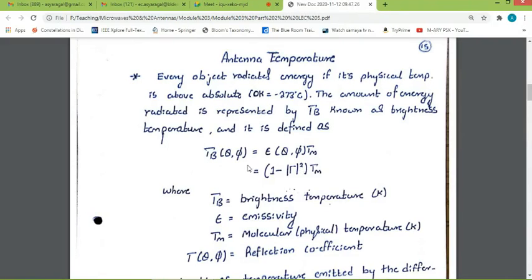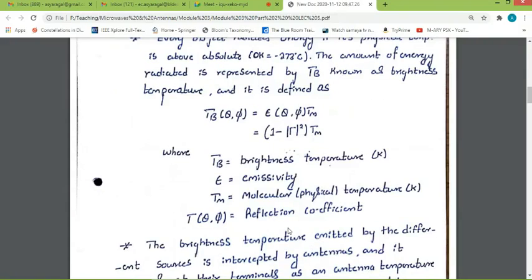It is also defined as T_B(theta, phi) = epsilon(theta, phi) Tm, where the emissivity could also be written as 1 minus the reflection coefficient squared, into Tm. Tb stands for brightness temperature, in Kelvin, and epsilon is the emissivity. The molecular temperature Tm is nothing but the physical temperature, in Kelvin, and then there is the reflection coefficient.